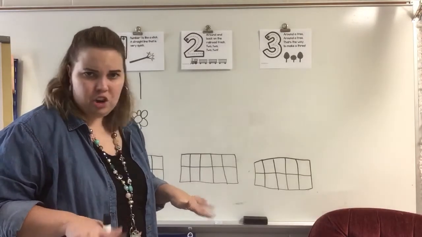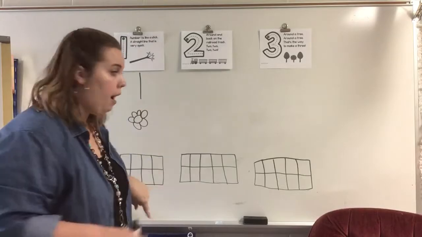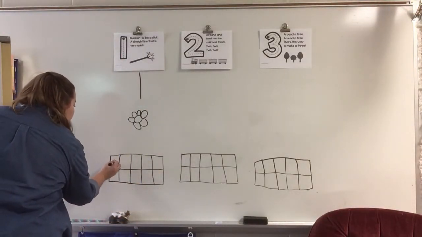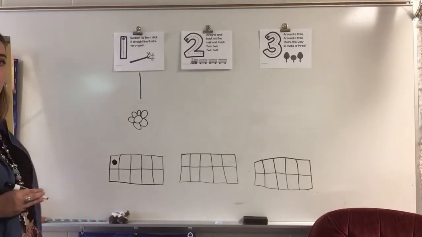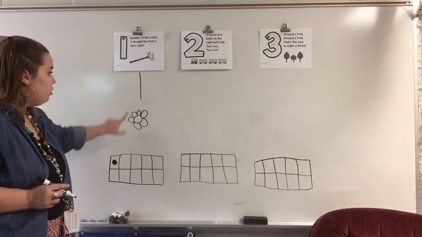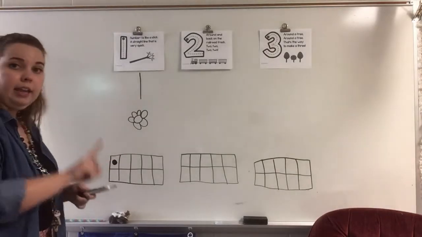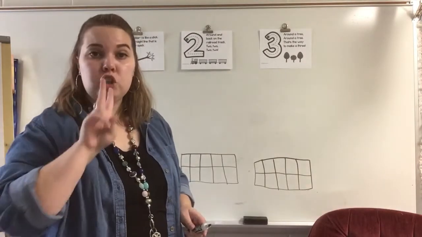No, we're showing the number 1. So we only need to fill in one spot on our 10 frame. Here we go. 1. That's it. So we showed number 1 by writing it, in a picture, in a 10 frame, and with our finger.